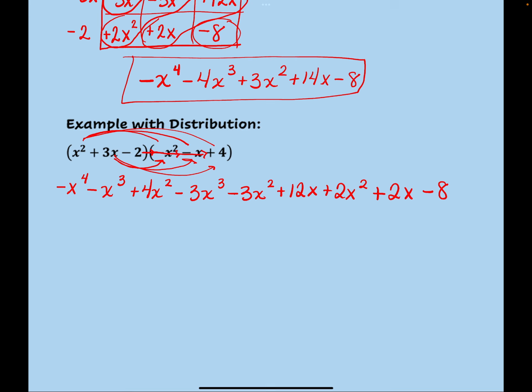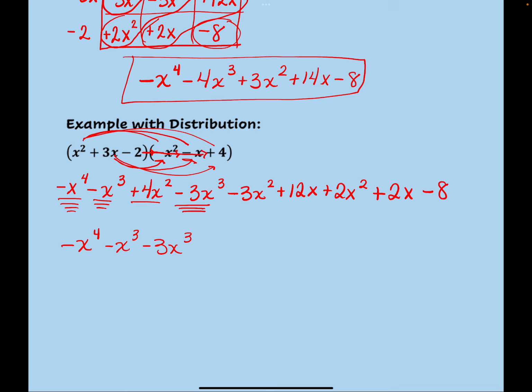So only one of them has a variable of x to the fourth. Then I've got negative x to the third. Then I have negative 3x to the third. And then, that's it for x to the thirds.